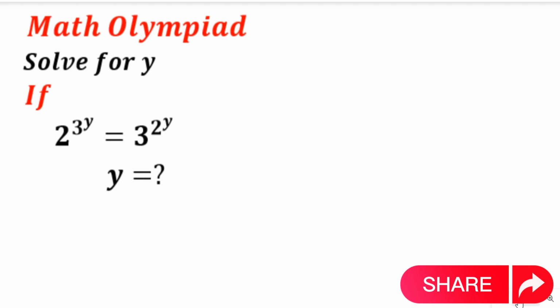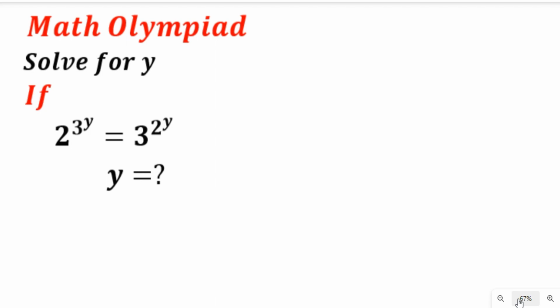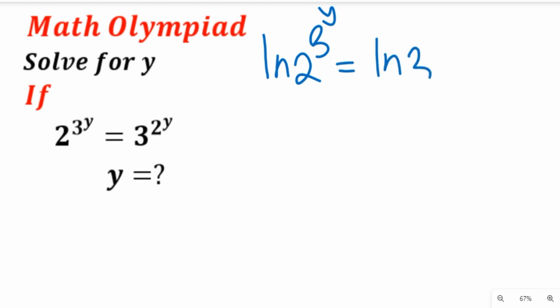Now, to solve this question, many will want to look at taking the log of both sides or the natural log of both sides. I think that's a very good option because that will help us simplify this equation. If we take the natural log of both sides, this will give us the natural log of 2 to the power of 3 to the power of y, equal to the natural log of 3 to the power of 2 to the power of y.